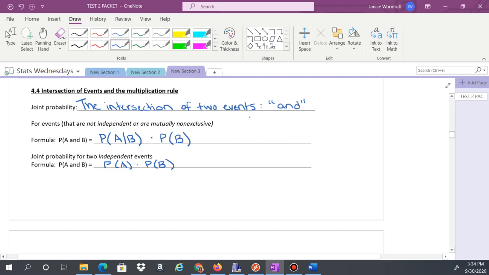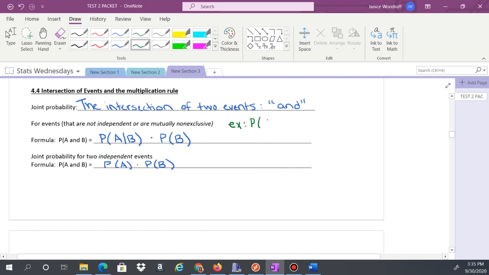So find the probability that, let me think of an example here. The probability that you have a 5 and, not a 5 and a jack, that would not work.